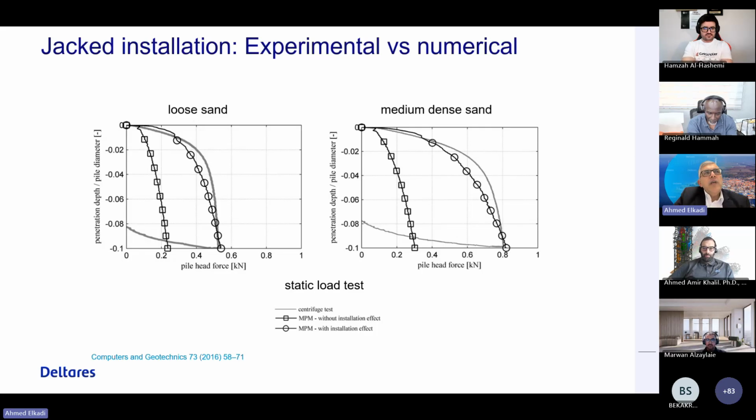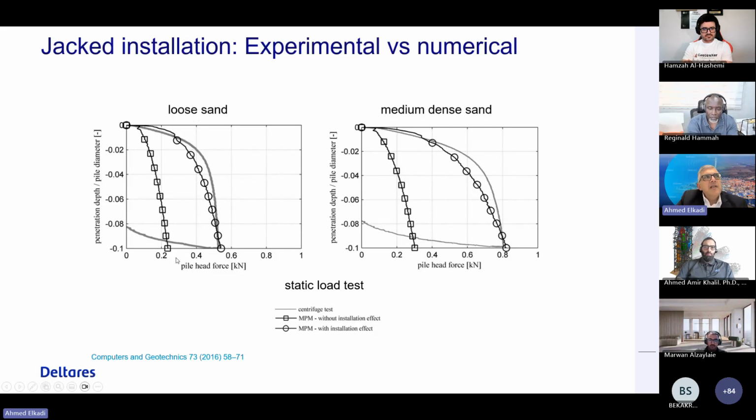We did an experiment to compare to the experimental centrifuge testing, including what we call the installation effects. So actually installing the jacked pile in the MPM and then loading it afterwards, or just wished in place. So bringing the pile wished in place in the model and then loading it.